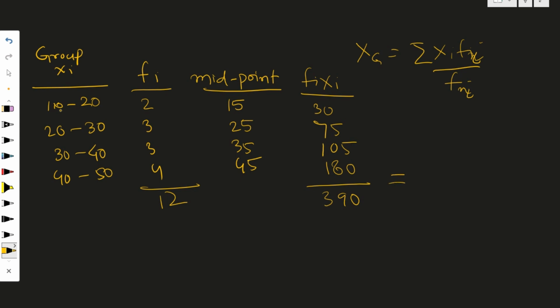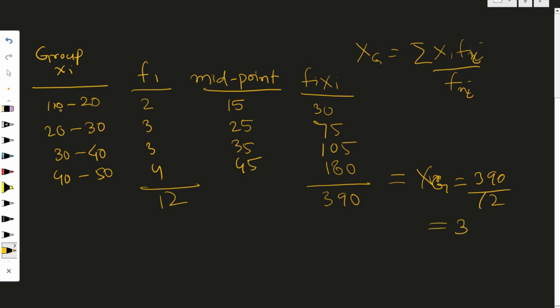So the formula for the group mean value will be 390 by 12, which is around 32 or something. So this is how we are going to calculate the group mean.